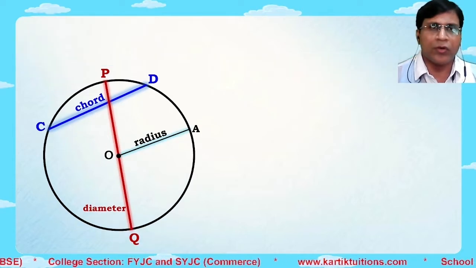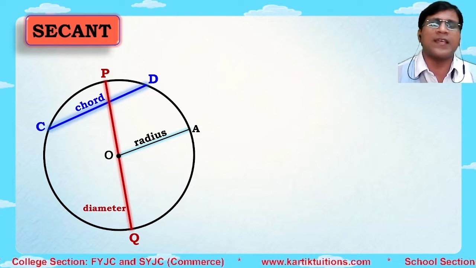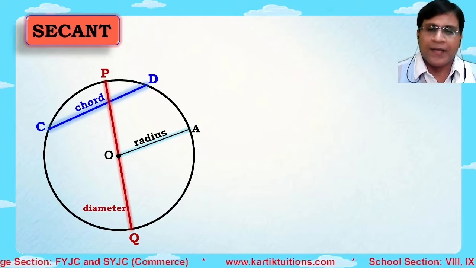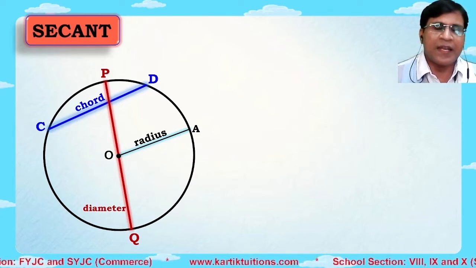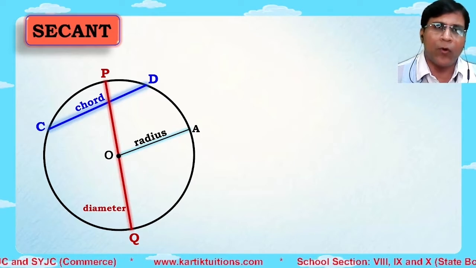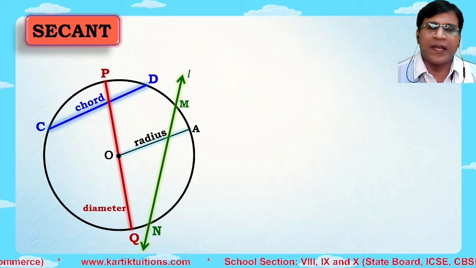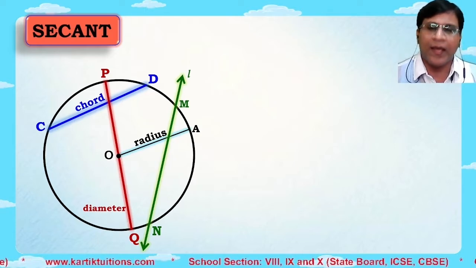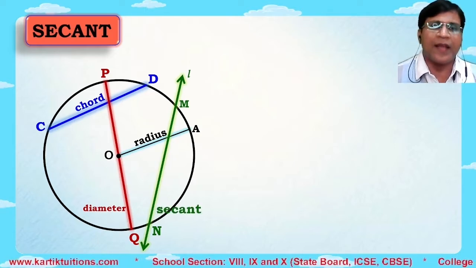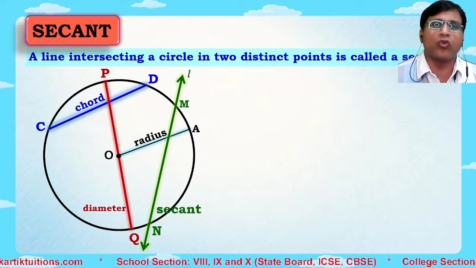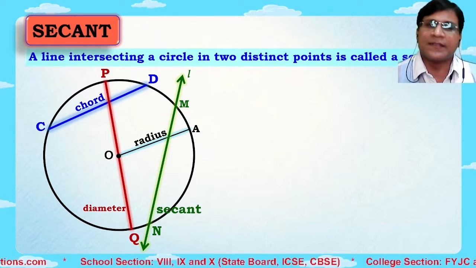Now let's look at a new term. Here we are going to talk about secant. Now what is a secant? A secant is a line which is intersecting the circle at 2 points. I have taken a line L which is intersecting the circle at 2 points M and N. So basically a line which intersects the circle at 2 distinct points is termed as secant.